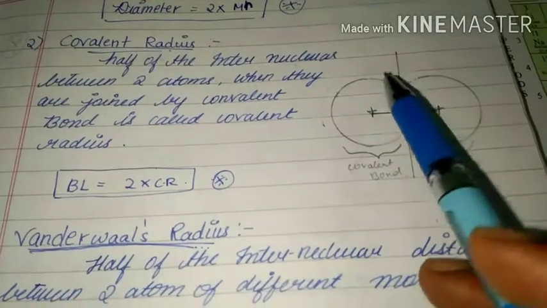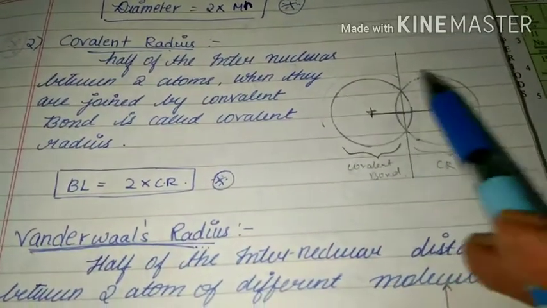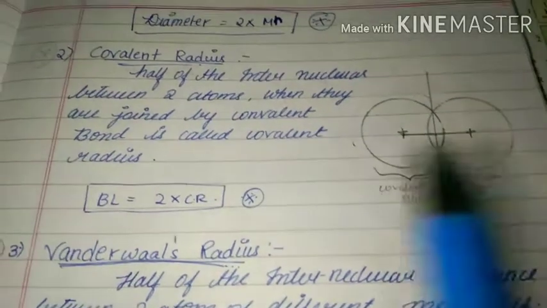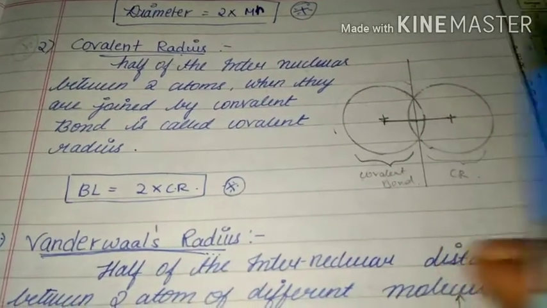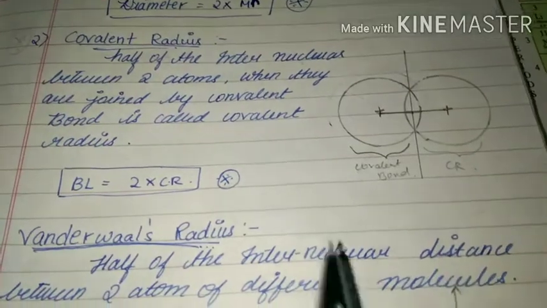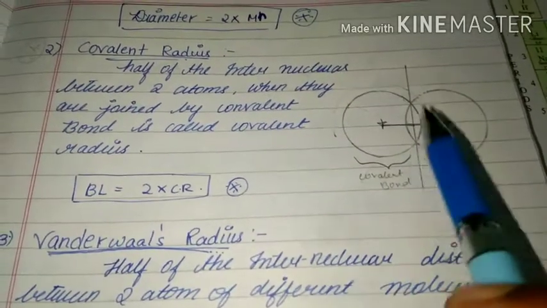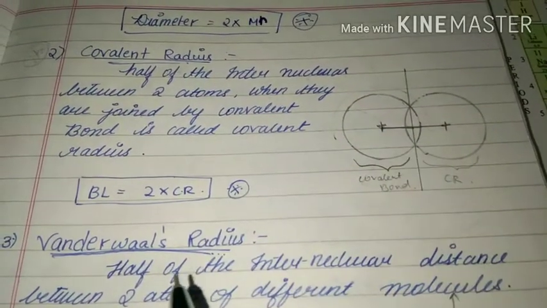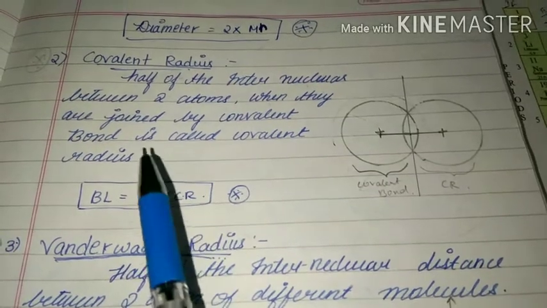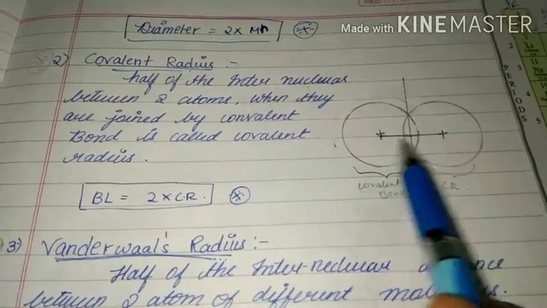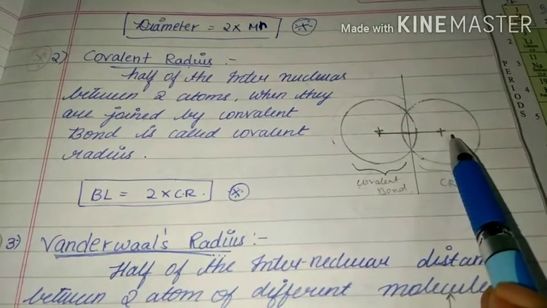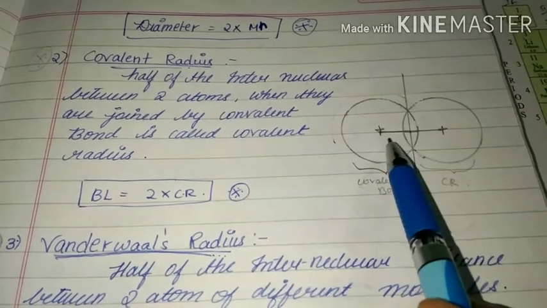How can we say that a covalent bond is present? When two atoms are merged with each other, that means a covalent bond is present between those two atoms. Then half of the internuclear distance is called covalent radius. This length is called bond length, which is also called internuclear distance.